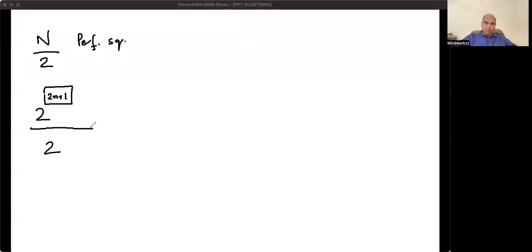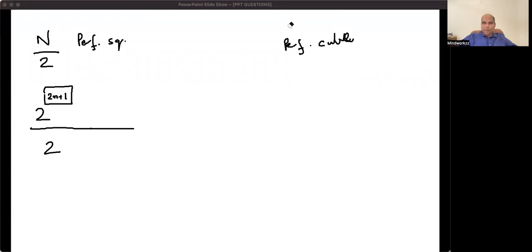So again, for a number to be a perfect cube, what should happen is each of the prime factors of the number should have a multiple of 3 in its powers.